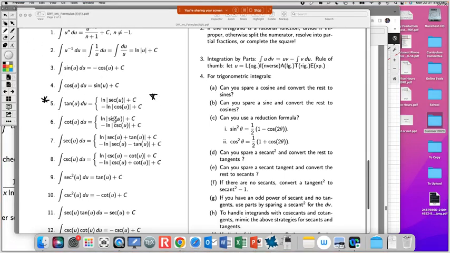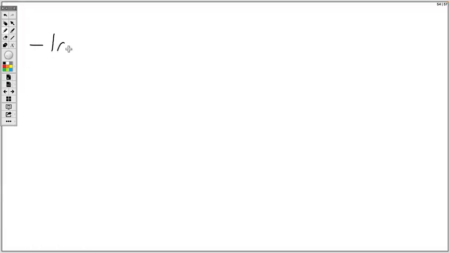Now notice though, it's got two different options. It's got negative natural log cosine, which is what we have, but it also has natural log absolute value of secant. So let's see how this works, so you're not totally thrown off by this. Remember that negative, once again, that negative is really a multiple of what? Negative 1.